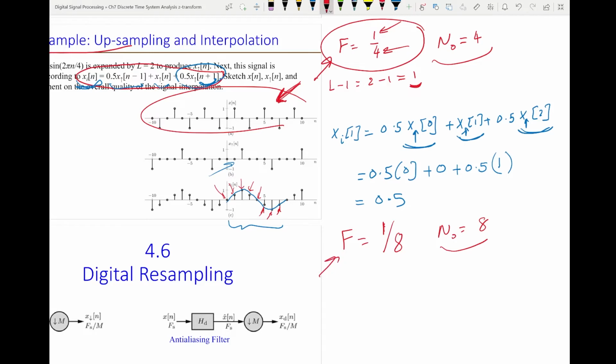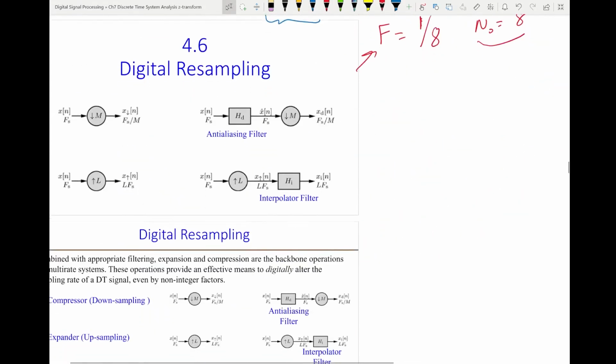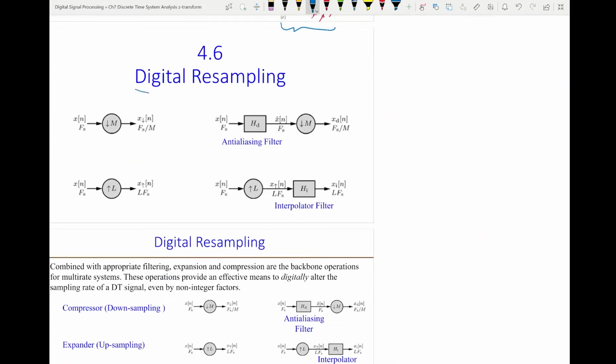Okay, let's now look at digital resampling. When we do digital resampling, sometimes you have old equipment and new equipment. The old equipment probably works at a lower sampling rate, maybe 4,000 samples per second. Now the new equipment works at a higher sampling rate, maybe twice.